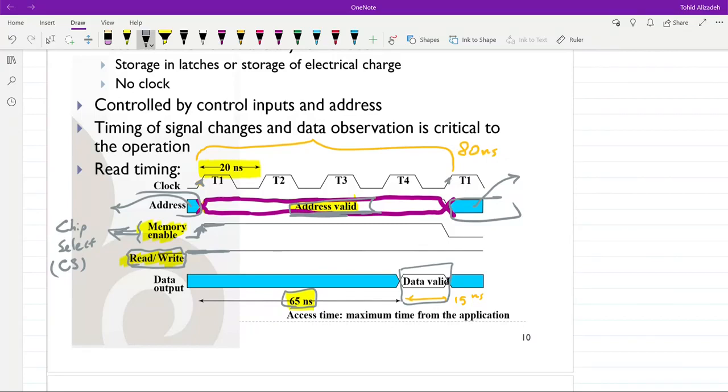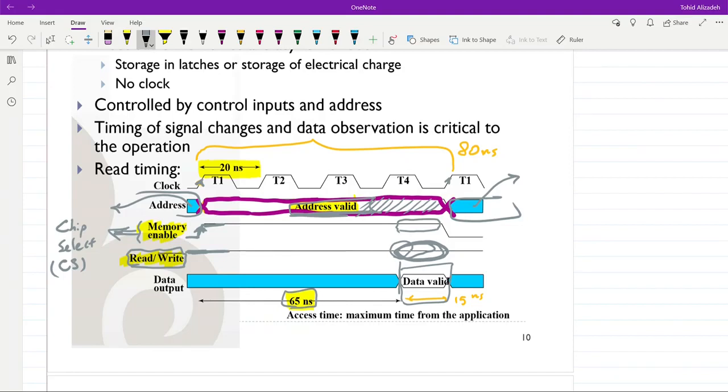But you can see that even after the time in which the data is provided by the memory, we need to keep the read-write signal at 1, meaning that we are still reading from the memory, and the memory still remains enabled, and the address line still has the same address that we wanted to read from. The same address refers to the same elements from which we wanted to read.